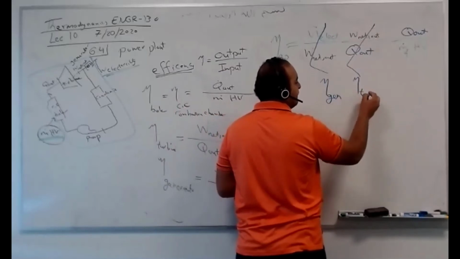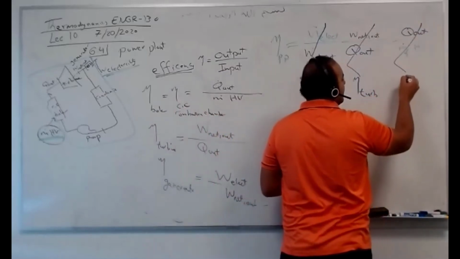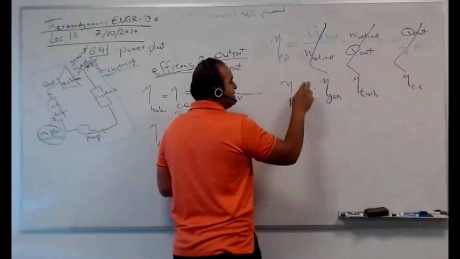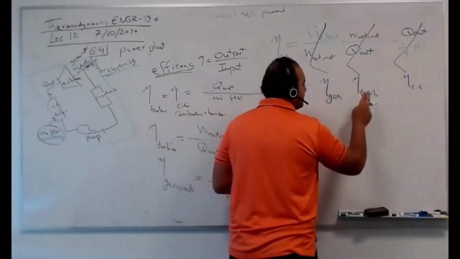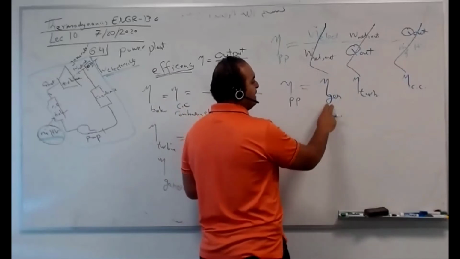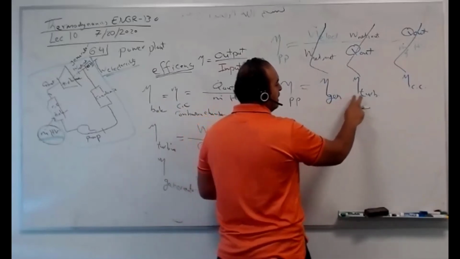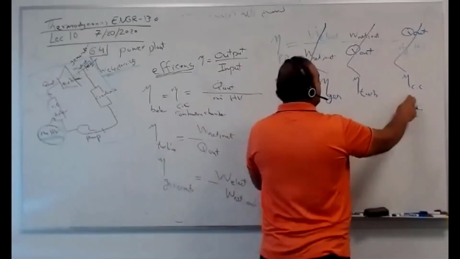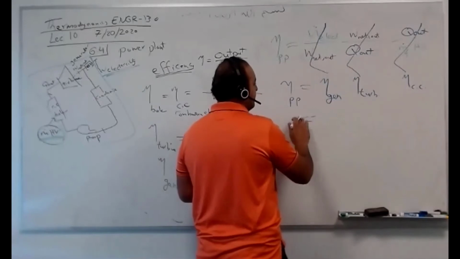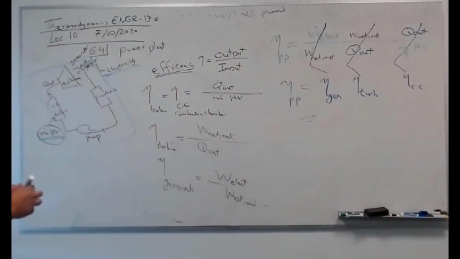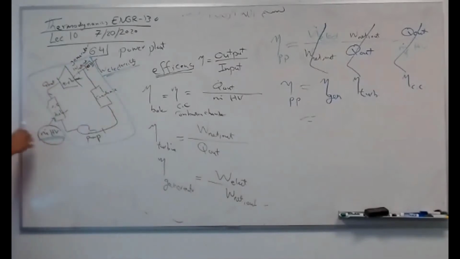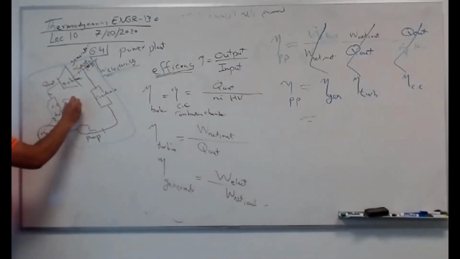Eta turbine. What is this? Eta combustion chamber or boiler. So the eta power plant is generator efficiency times efficiency of turbine times efficiency of boiler. It's getting smaller. Let's say 95%, 85%, 80%. Multiplication of those give you a much smaller efficiency. The product of all efficiencies in the system gives you the efficiency of the power plant.